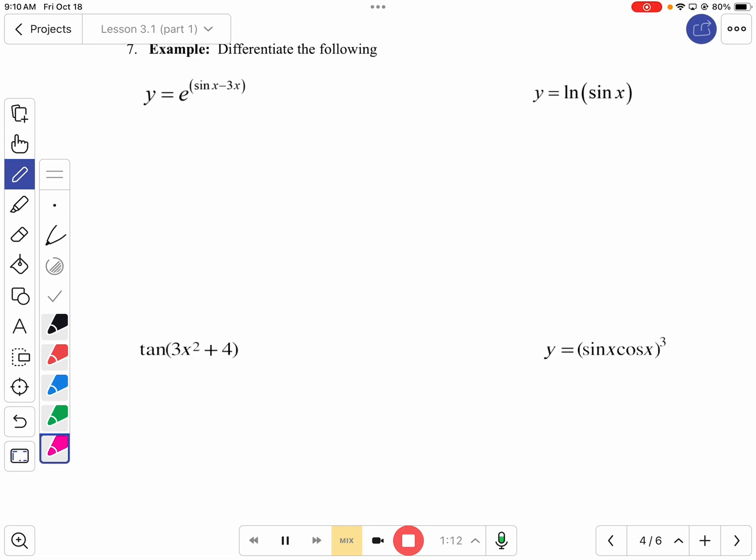So if it was e to the 2x or e to the 2x squared, that is a composite function. This happens to have a bunch of stuff in the exponent, right? So what's my outside function? It's the e. And the nice thing about e is the derivative of e is e.